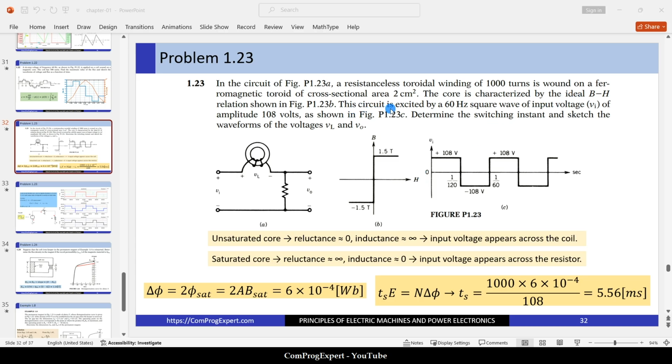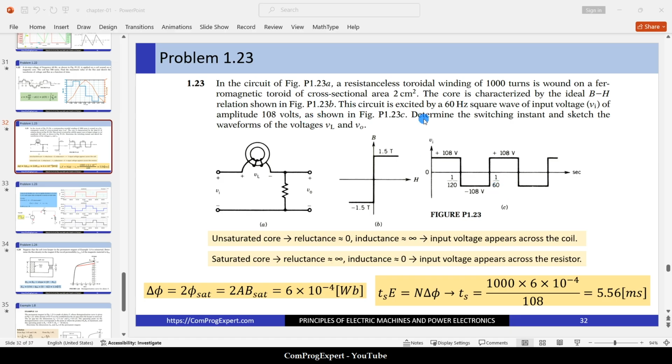This circuit is excited by a 60 Hz square wave of input voltage Vi. The amplitude is 108 volts. We have a square wave. The frequency is 60 hertz.